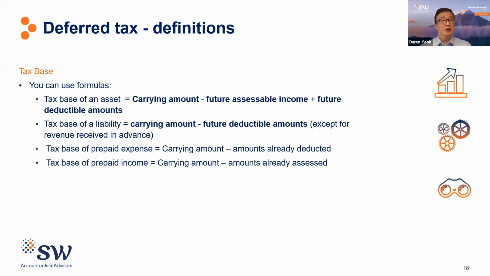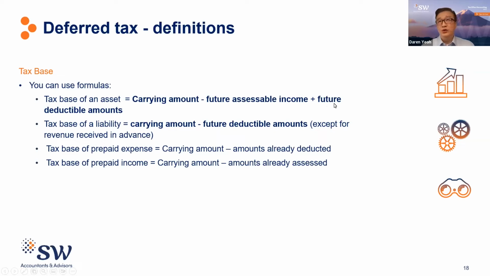Now, if you like, you can use these formulas here to calculate the tax base of your assets and liabilities. For the tax base of an asset, you start with the carrying amount, and then you minus the future accessible amount from the use or sale of that asset. And AASB 112 says the future accessible amount will always equal the carrying amount. So you can make that assumption.